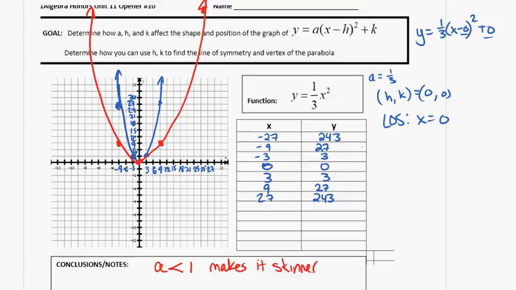And if you look at these jumps, this is going up 1 really, right? It's going up 3 for every 3. This is going up 14 for 6. 14 sixths.